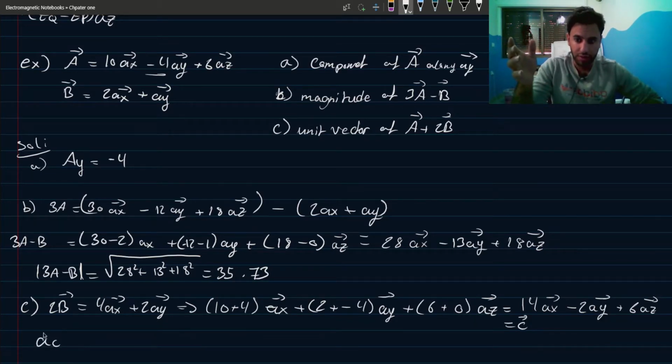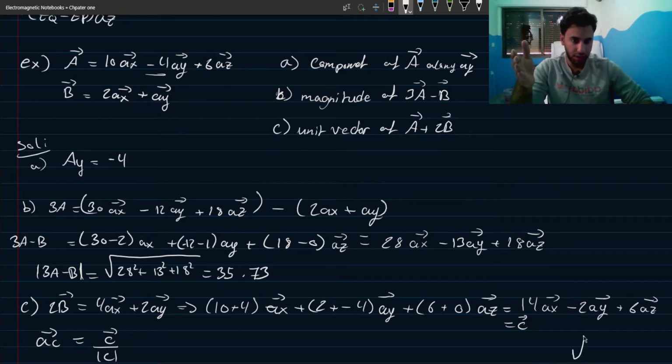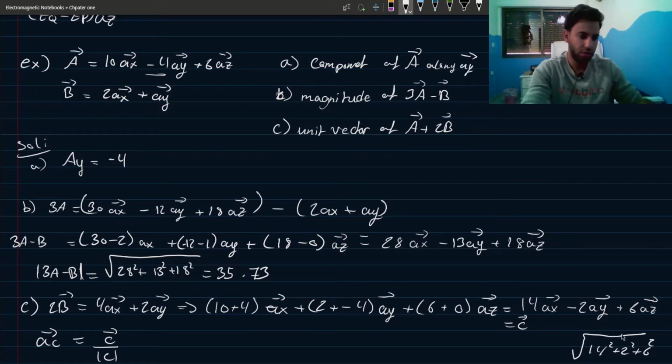The unit vector of C is equal to the vector C divided by the magnitude of C. First of all, we need to find the magnitude of C. So 14 squared plus 2 squared plus 6 squared under the square root is equal to 15.36.